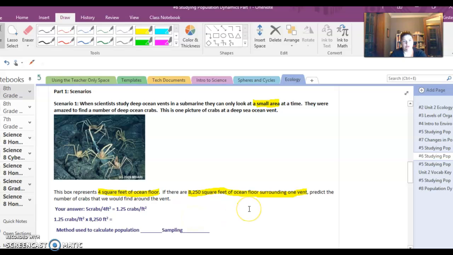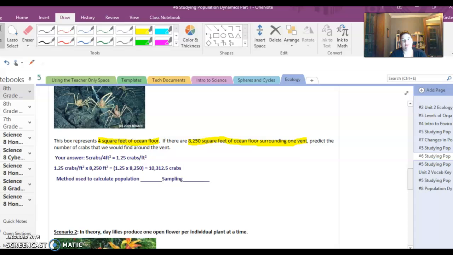So that number of crabs is going to be equal to 10,312.5 crabs.